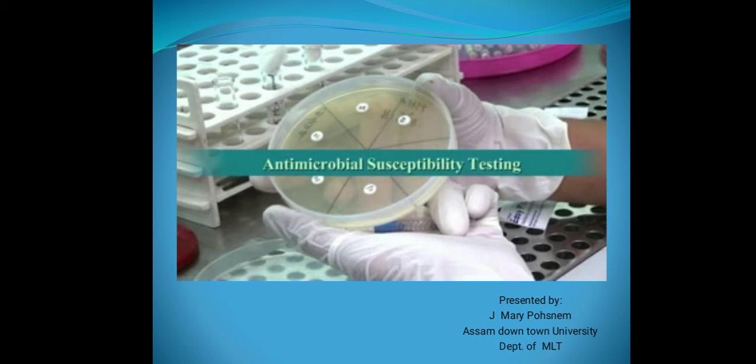The effectiveness of an antimicrobic in sensitivity testing is based on the size of the zone of inhibition that surrounds a disc. If you see the picture, those small white things are the discs. The zone of inhibition surrounds a disc that has been impregnated with a specific concentration of the agent.